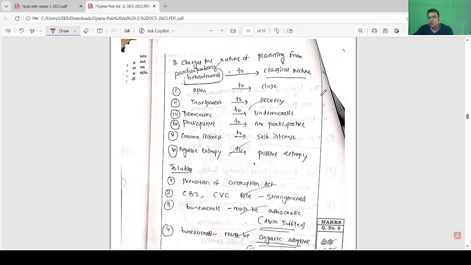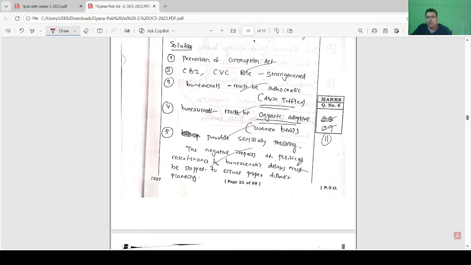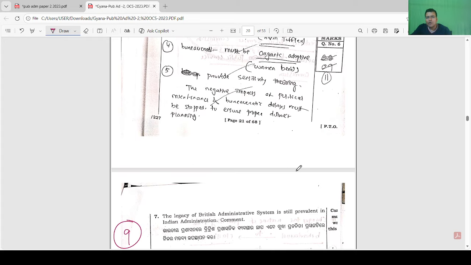Open organization becomes closed, transparency becomes secrecy, democratic becomes undemocratic, participative becomes non-participative. And here he gave the solution: prevention of corruption, CBI, CVC, adhocratic nature, organic adaptive nature. The negative impact of political and bureaucratic delay must be stopped.